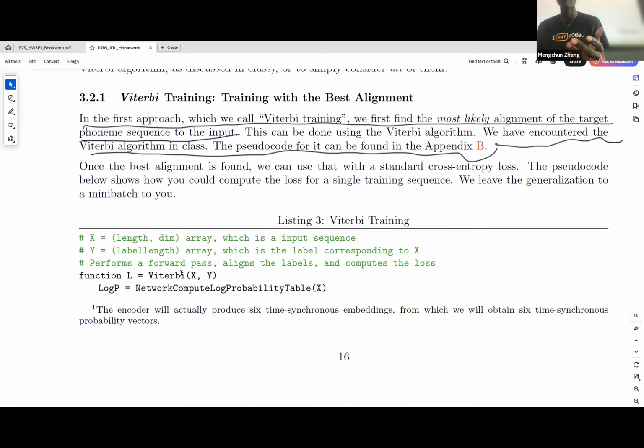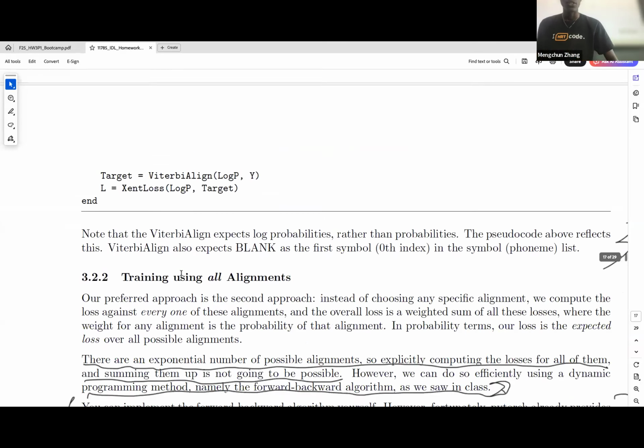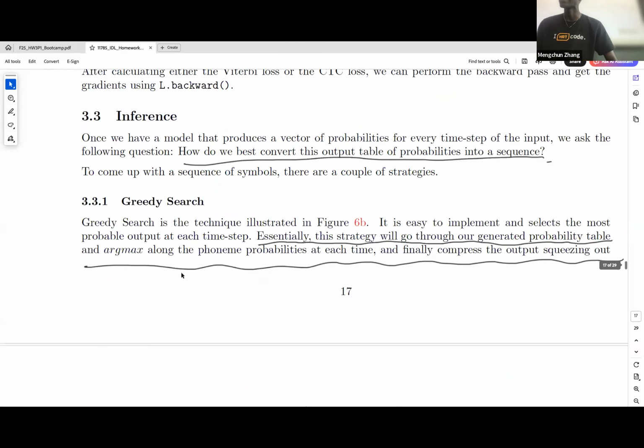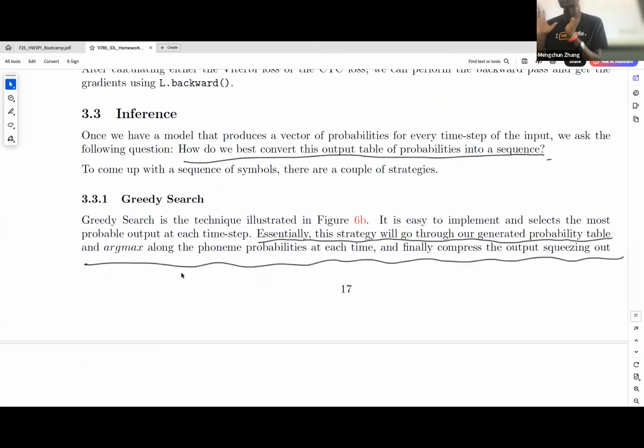That's what the Viterbi algorithm does. It kind of assigns the probabilities. So you can either do what you call a greedy search algorithm, saying, okay, I've done my part, I've assigned probability to all these frames.